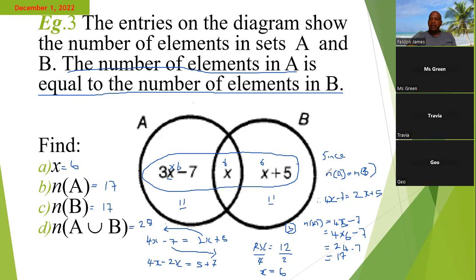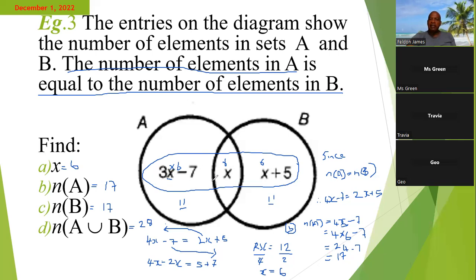So for the union, was that you, Miss Trivia, who was asking me to look back at the union? Yes, sir. Right. So for the union, you're really adding up everything in both sets. Now you can just plug in the values for x here and work it out. Or if you want, you could add up these in the algebraic sense.